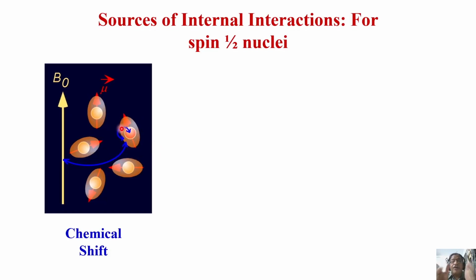The electron, mind you, has a spin. You can treat it like a tiny magnet. Again, there is an interaction going on. As a consequence of the charge distribution at the site of the nucleus, there is some interaction that causes some effect on the NMR spectrum. That is what we are going to understand today. It is called chemical shift.